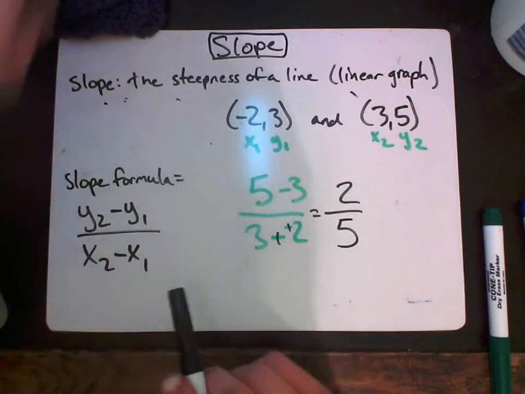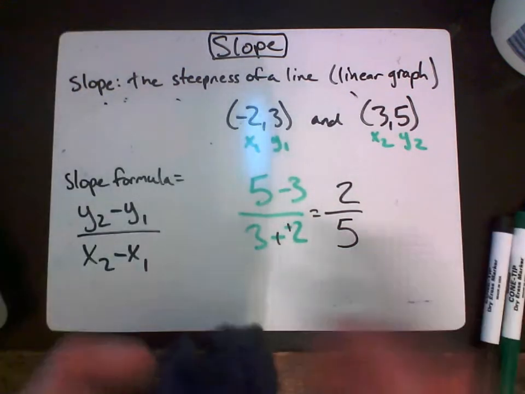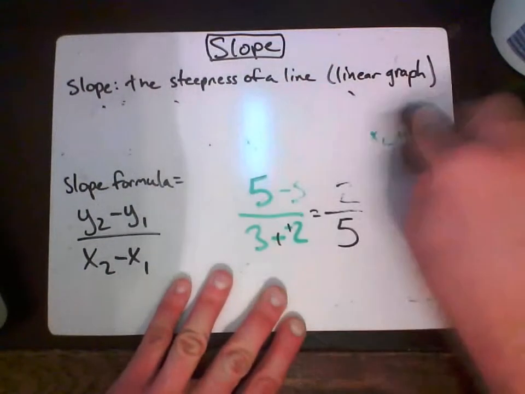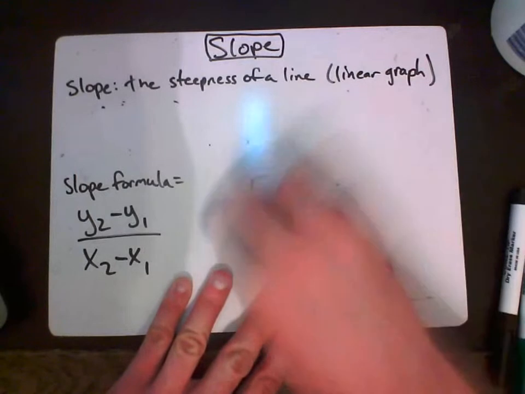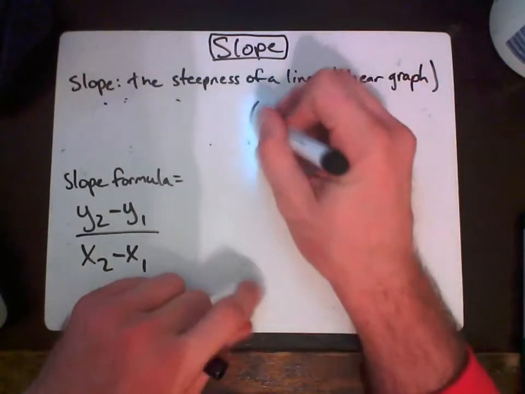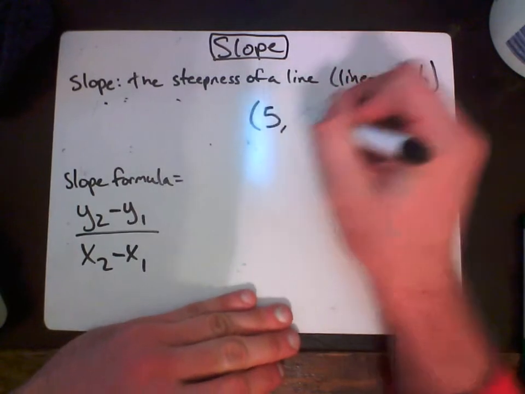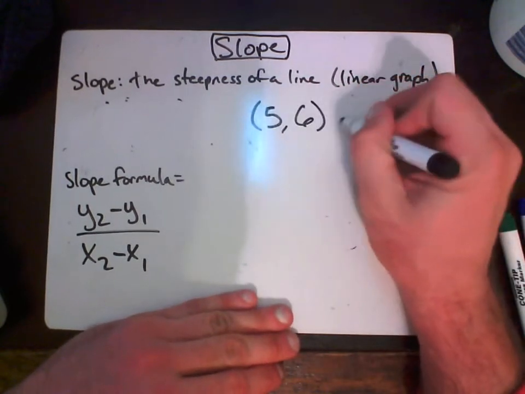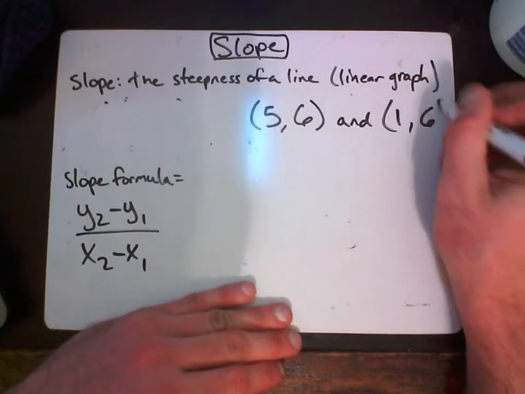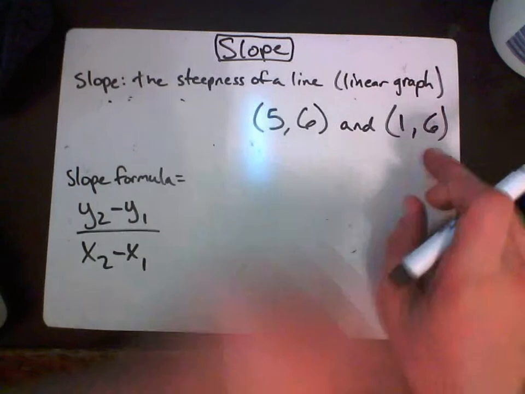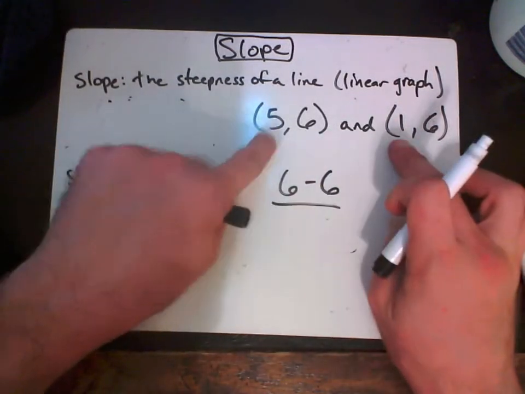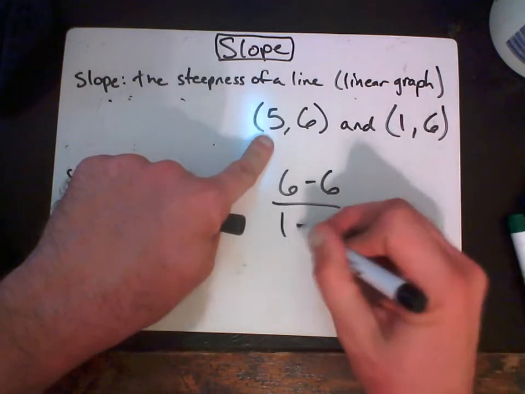Alright, that's another positive slope. Not too shabby. Let's do one just a tiny bit harder. How about (5, 6) and (1, 6). Using my y values, 6 minus 6 over my x values, 1 minus 5.